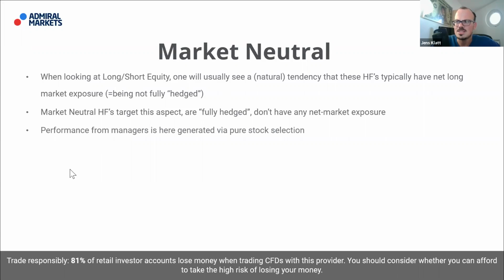And so performance here from managers is generated via pure stock selection, or by running, for example, quant models, where you try to spot undervalued assets, respectively overvalued assets, stocks, but also other goods.